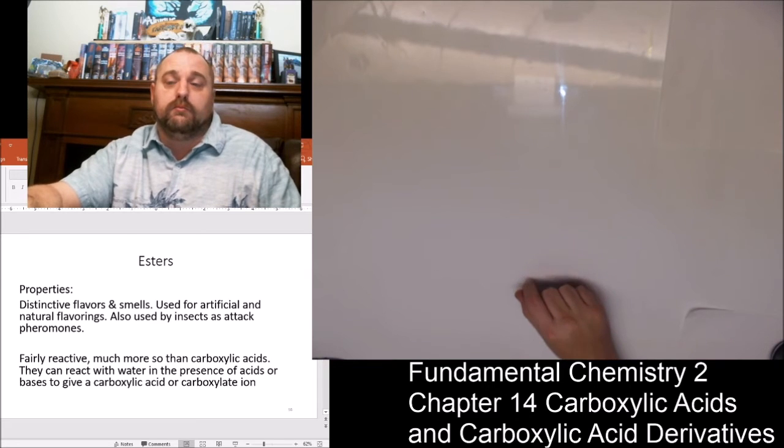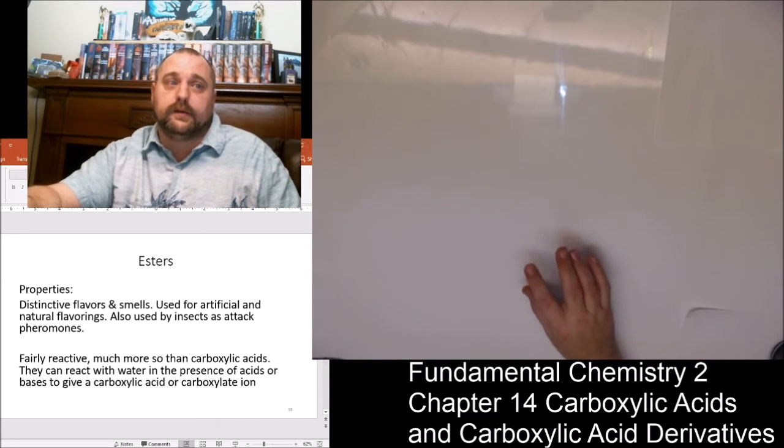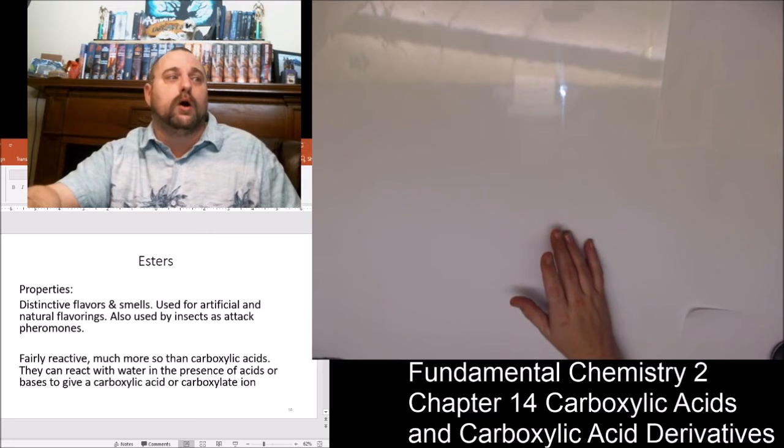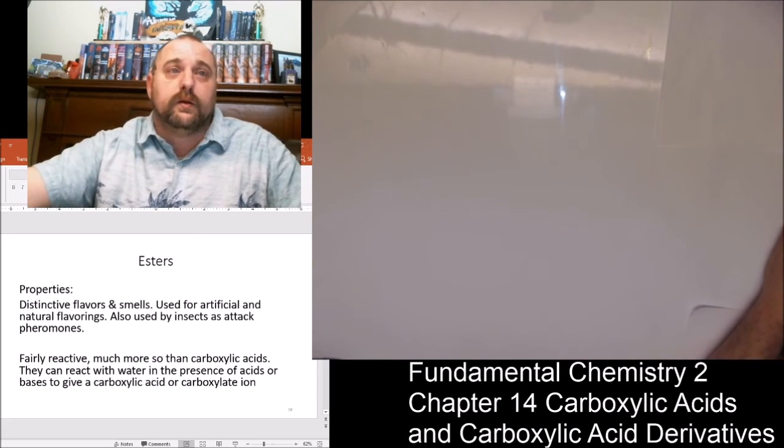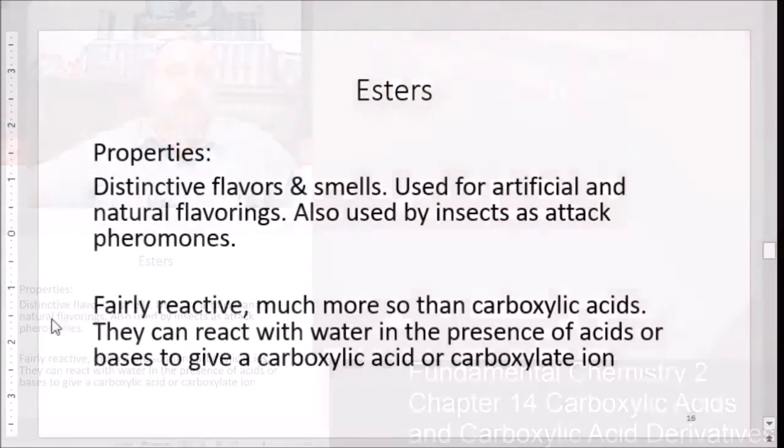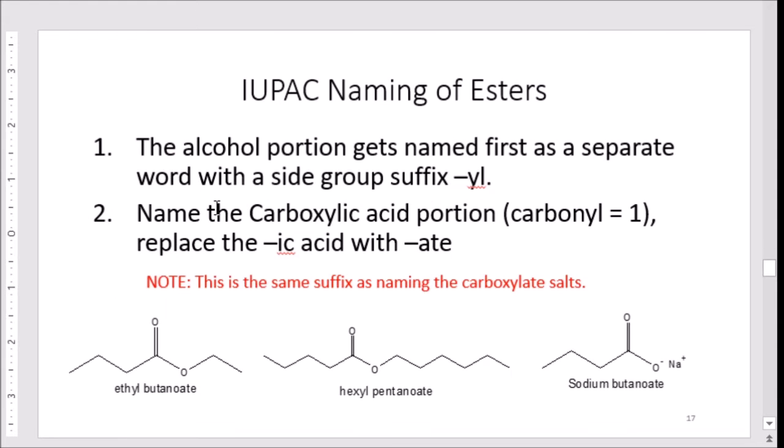They're also reactive with carboxylic acids, and even if we just have water, they'll react with water to form the carboxylic acid. All right, and so we want to get ready to name them, and naming these is actually quite simple.